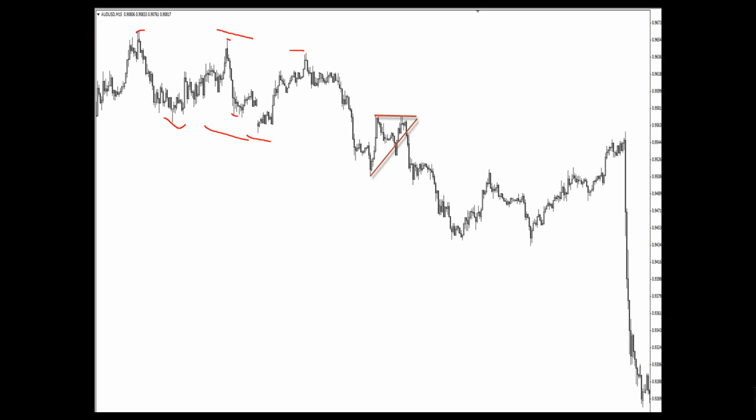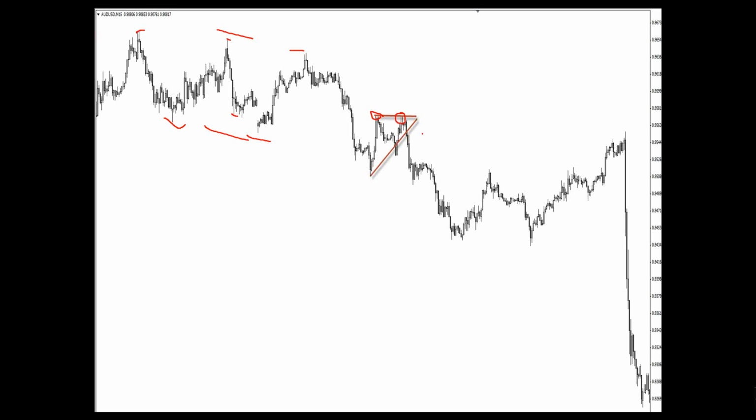I would like this top to hold because we have 1, 2, 3, 4, a quadruple top here. Or we can say on 1 hour this is a double top. So flat top triangles are usually formed by double tops. So I want this part to break.